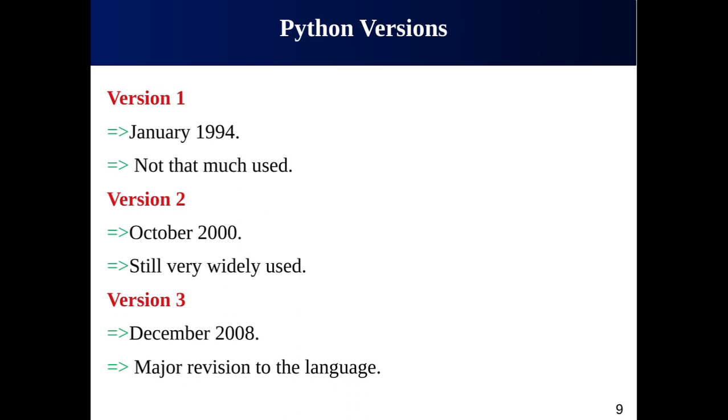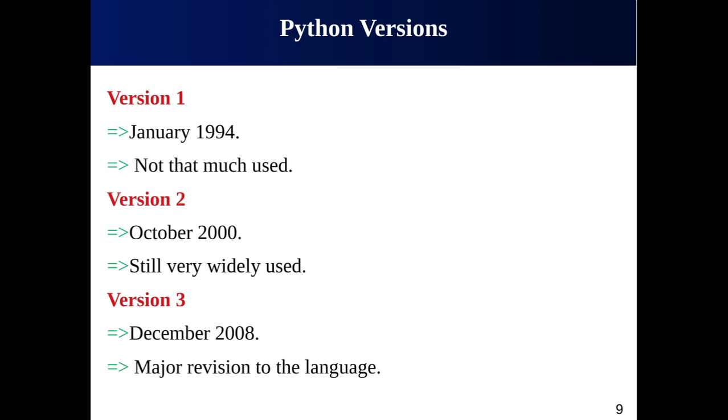And then came another revolution, and that is version 2, which was released in October 2000. Still, it is very widely used inside the Python community. And there are different subversions like 2.1, 2.2, 2.5, 2.6, 2.7, and 2.7.1, 2, 3, things like that.